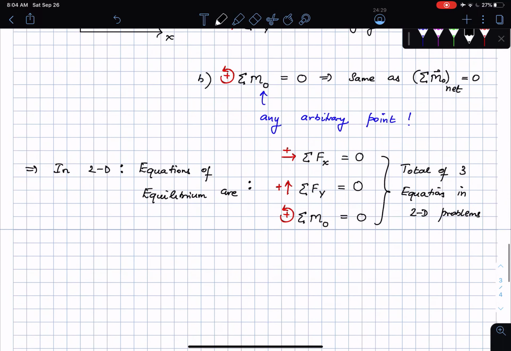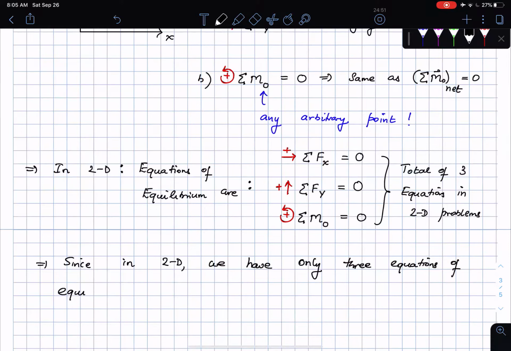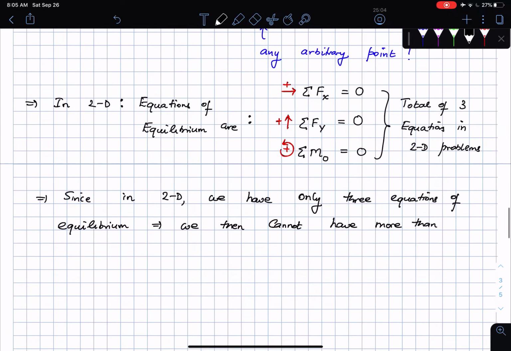Which means that if I'm trying to solve a problem in 2D, then since we have only 3 equations of equilibrium, I cannot have more than 3 unknown quantities to solve for.